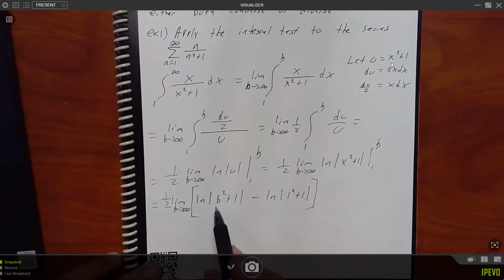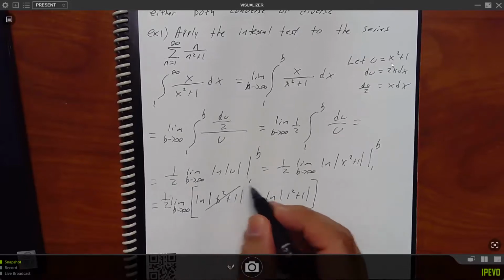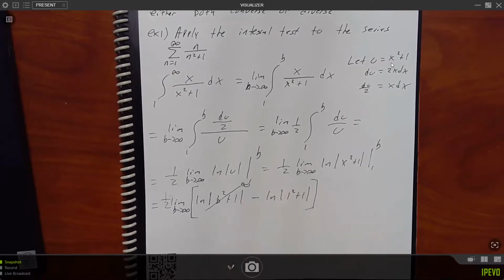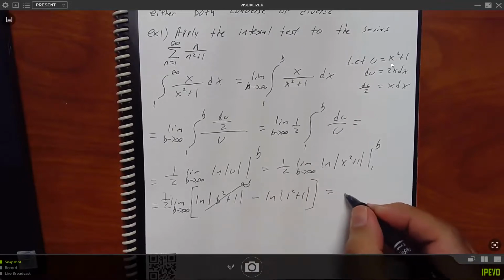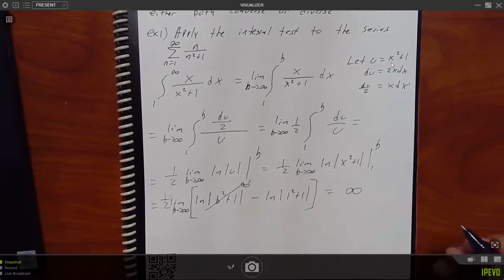Where's this going to be when I take the limit? If b goes to infinity, what happens to this log? This whole thing goes to infinity. It's just super huge. So the limit will be infinity, which means the integral diverges.